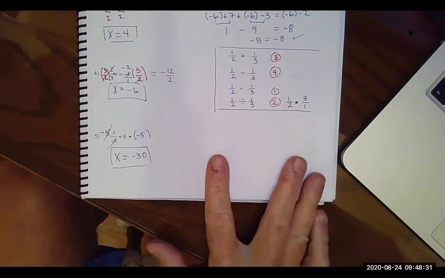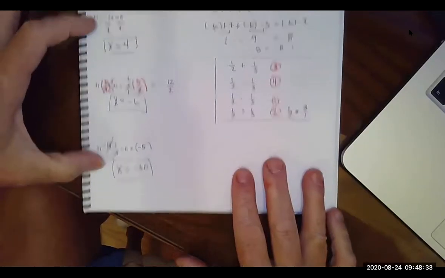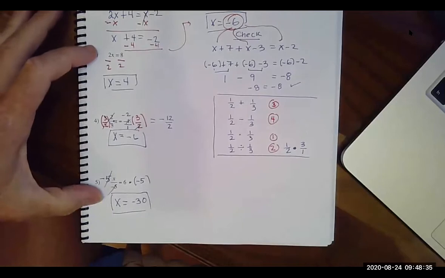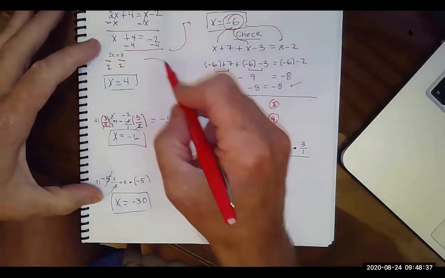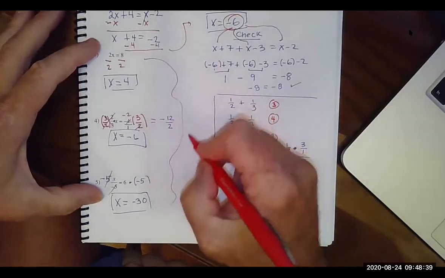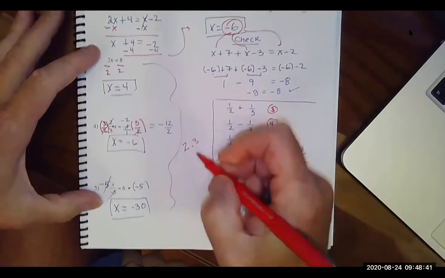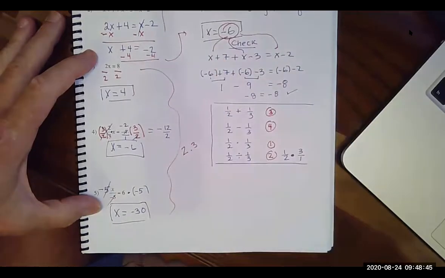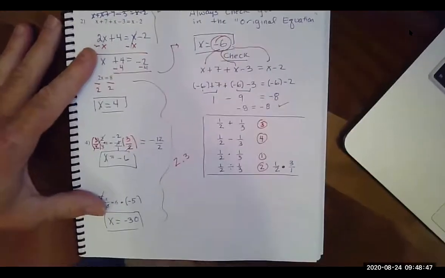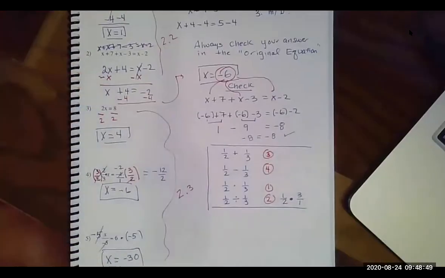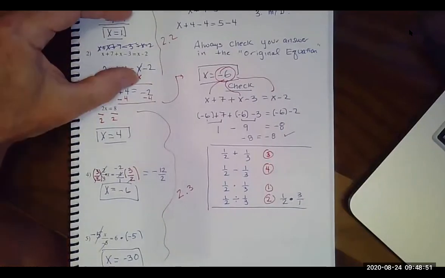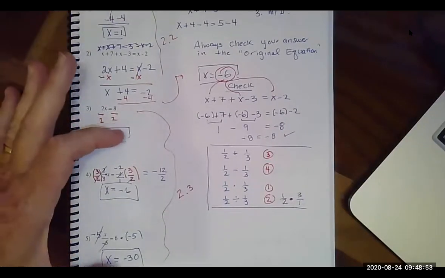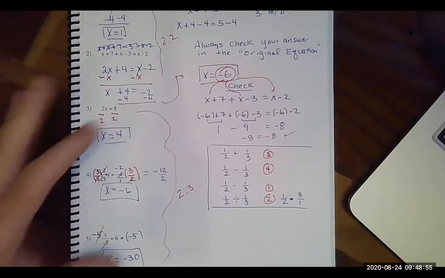Okay, now, if I were categorizing this, this is probably 2.3. This is 2.2. 2.2 is adding and subtracting for the most part. 2.3 is multiplying, dividing.